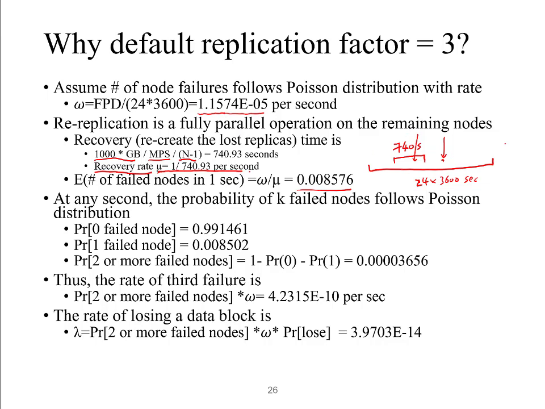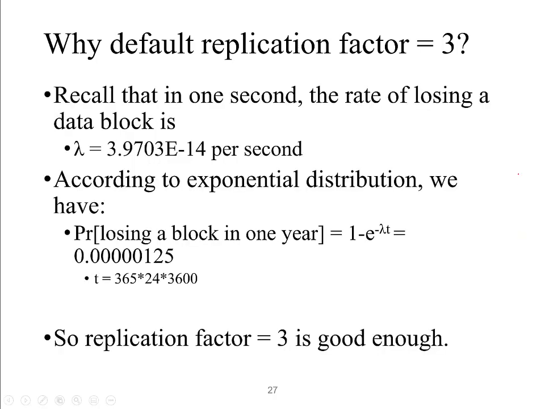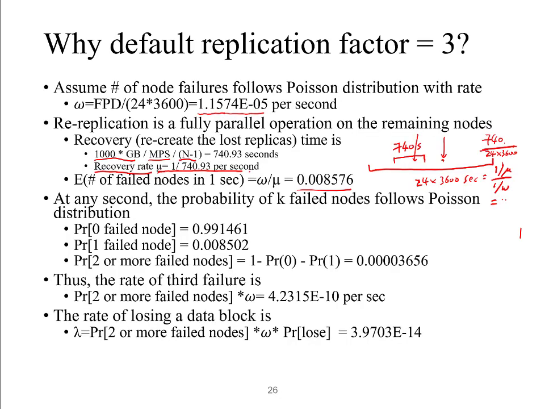So you use this 740 divided by the total time in 1 day, which is 1 over mu divided by 1 over omega, which is omega divided by mu.